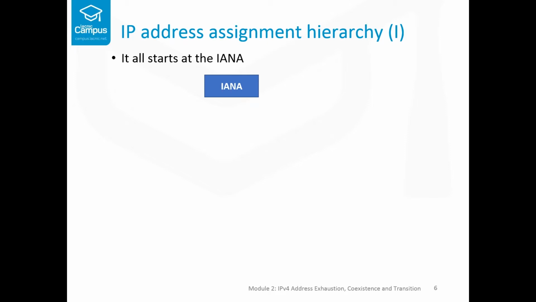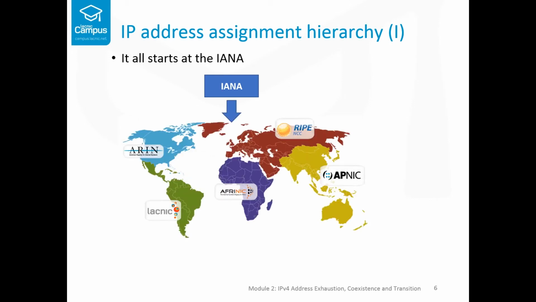Among other duties, the IANA is the organization responsible for assigning Internet number resources to the RIRs, IP addresses, and autonomous system numbers. The IANA assigns IPv4, IPv6 addresses and autonomous system numbers to the RIRs according to their demonstrated needs, following a set of global policies.